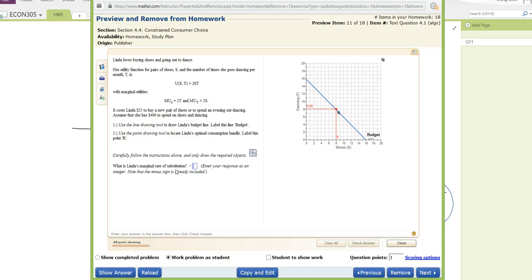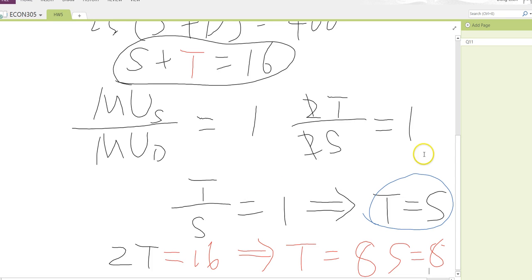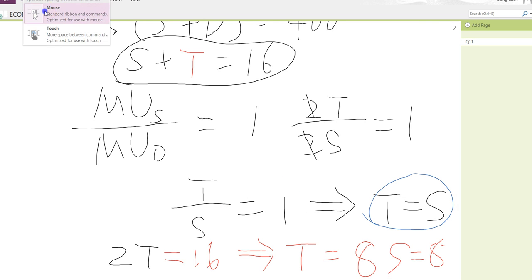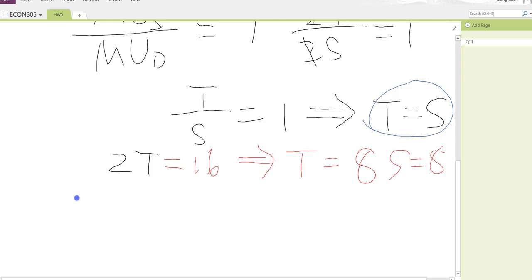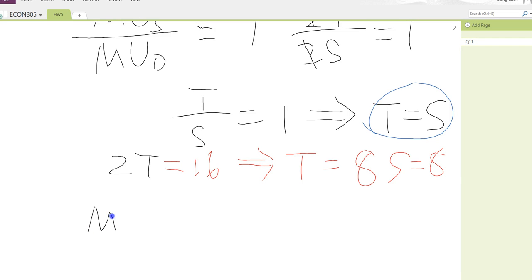At that point, based on equation 4.6 in chapter 4, the marginal rate of substitution equals the marginal rate of transformation. Let me write this down: marginal rate of substitution equals marginal rate of transformation.